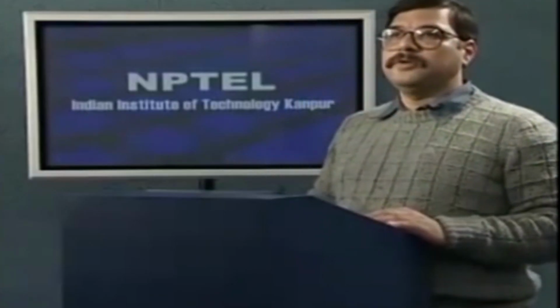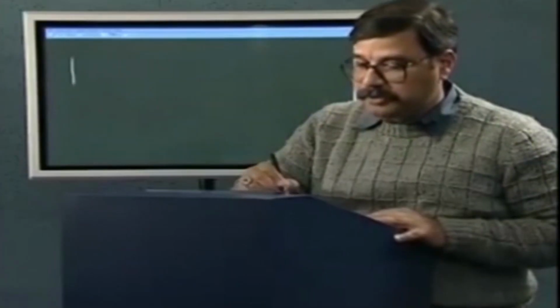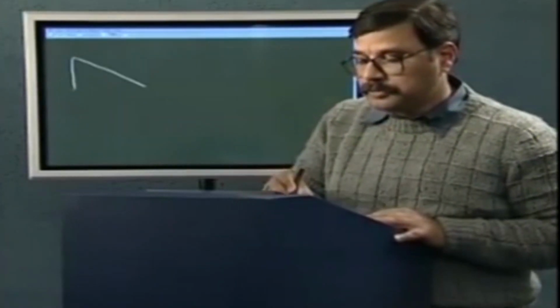The value of the coefficient of static friction can be easily estimated if we consider the motion of a block on an inclined plane of angle theta, and here is the free body diagram as I previously made. There is weight mg, normal reaction n, and the frictional force this way.